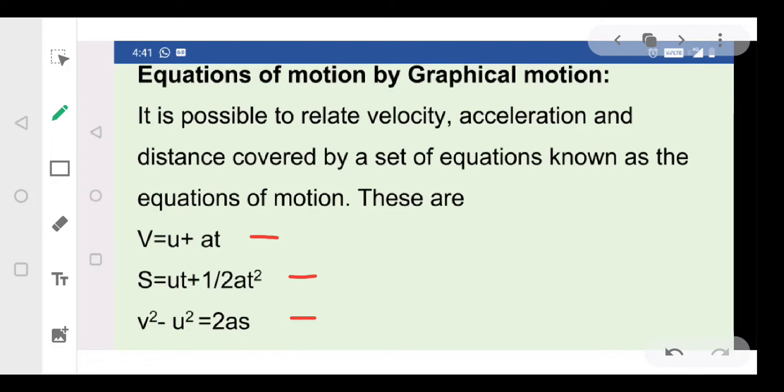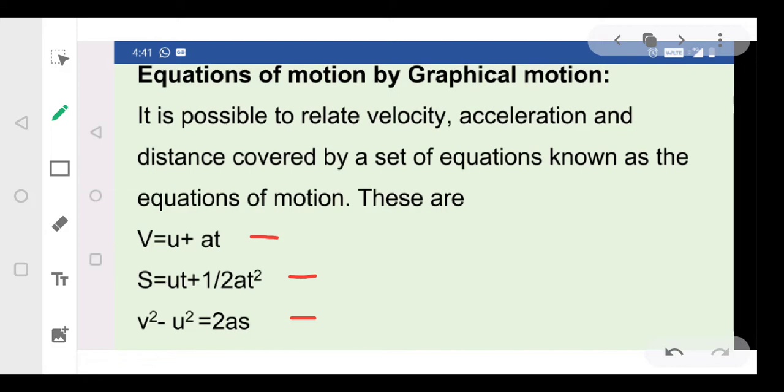In that case, we have to use these three sets of equations. While doing numericals, you will get to know how to find various physical quantities by using these three equations of motion. So, we will be using a graphical method to find out or to derive these equations.